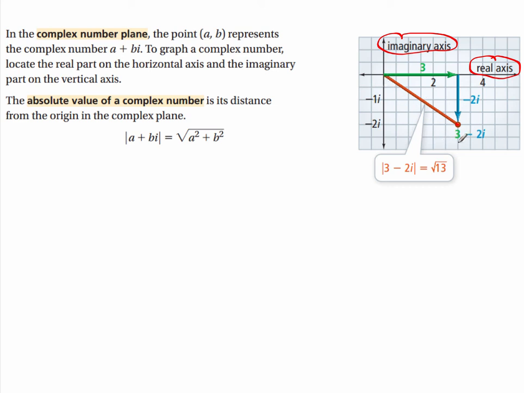So if I have the point 3 minus 2i, that means I'm going to come over 3 on the real axis, and I'm going to go down 2 on the imaginary axis. So what is that distance there? Well, it's going to be the square root of 3 squared plus 2 squared, which is the square root of 9 plus 4, or the square root of 13.